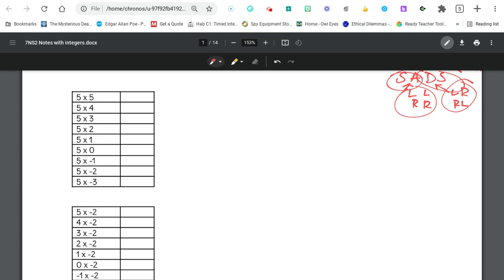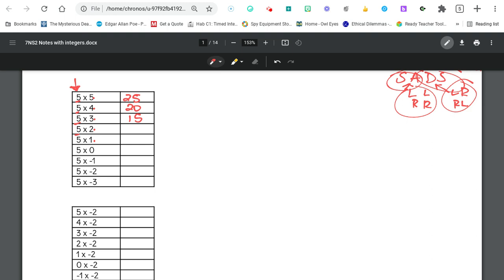So we're going to start off with just what we know. And if you need a multiplication chart today, you can get your multiplication chart out. All right, here we go. We're going to start off with what we know to develop some rules for multiplication and division. 5 times 5 is 25. 5 times 4 is 20. 5 times 3 is 15. And I want you to notice something. I'm dealing with the 5s, so these are staying the same, 5, 5, 5. But here I'm going from 5 to 4, 4 to 3, 3 to 2, 2 to 1. So I'm going down by 1 each time in the number I'm multiplying by.